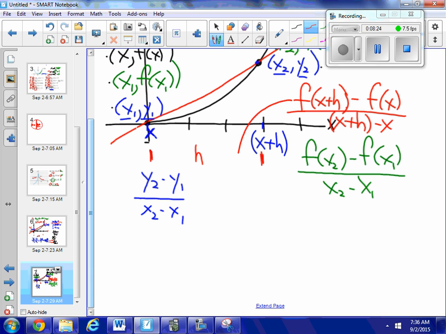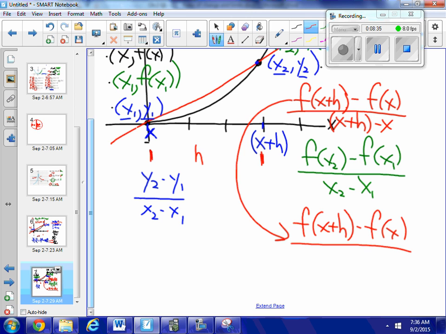So let's take that and simplify it just a little bit more. f of x plus h minus f of x divided by, well, that's x plus h minus x. Oh, these x's cancel out.